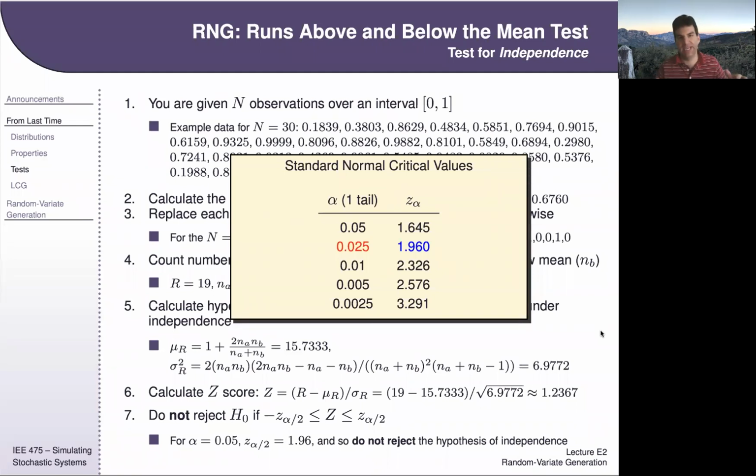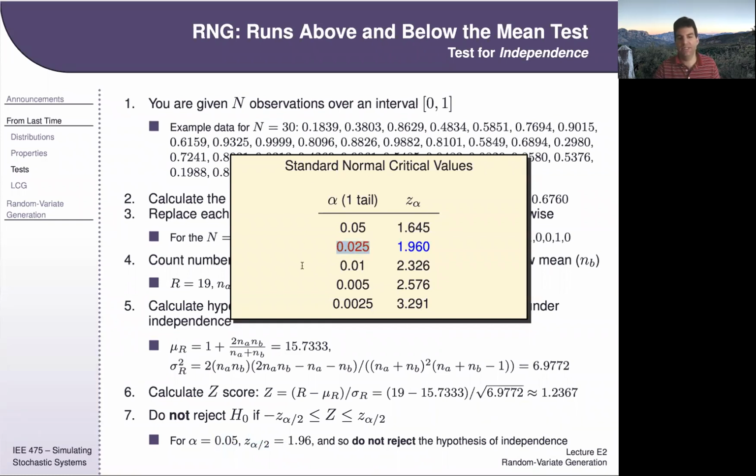If I look at a two-tailed test, which basically means I want to test for deviations both on the high side and on the low side that are that distance away, then my alpha of 0.05 is going to mean that I need to look into my z-table at the alpha divided by 2 level. So I look at it at the 0.025 level.